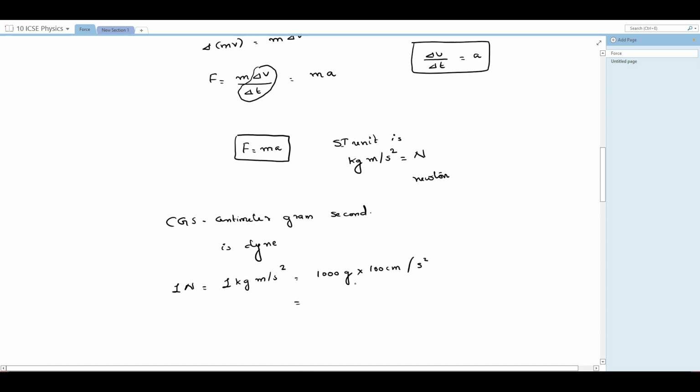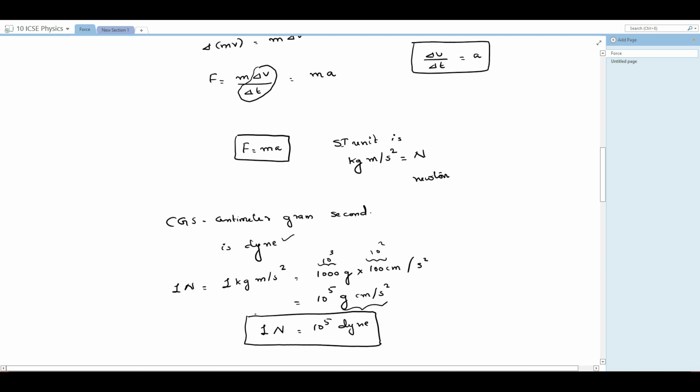That is 10 to the power 3 and 10 to the power 2, so we get 10 to the power 5 gram centimeter per second square. That is dyne. So 1 Newton is 10 to the power 5 dyne. Hope you understood this much.